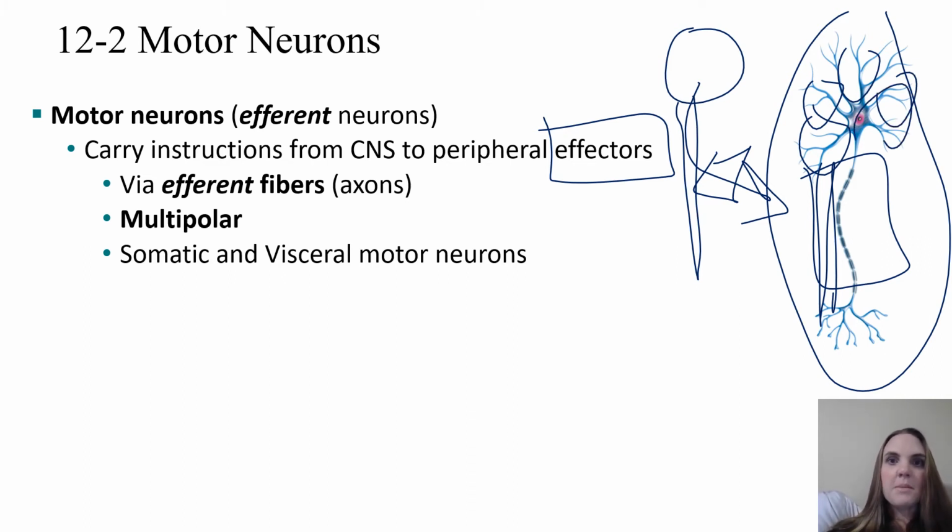And we have both somatic and visceral motor neurons. So somatic are going to be sending signals to things like our skeletal muscle to move, and then visceral are going to be sending signals to our internal organs, giving commands on what we need to do there.